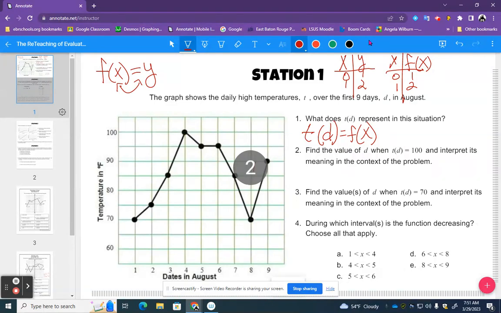What does it represent in this situation? It represents on what day in August, what was the temperature. So on day 2, it was 75. On the 4th day of August, it was 100.